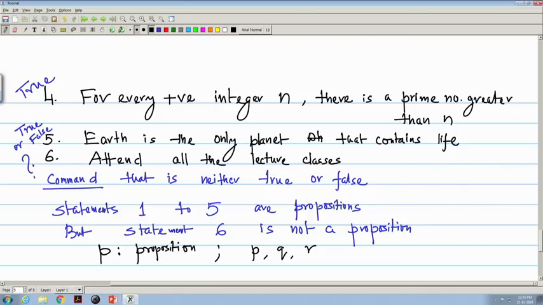Sometimes we call these propositions primitive statements. Primitive statements cannot be broken into simpler sentences.